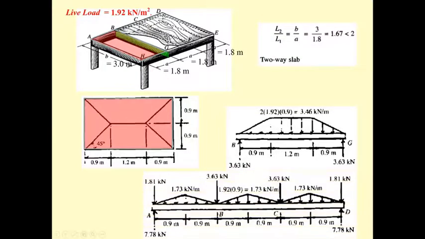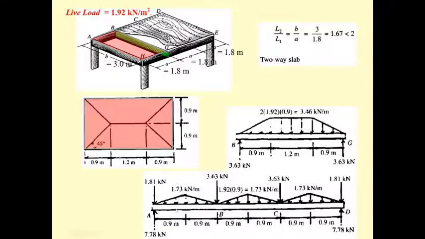So the model of the beam ABCD is going to be like this. This is half of 3.63 at A and also at D, and 3.63 at B and C. The triangular load has a distance of 0.9, so the magnitude of this triangular load is 1.92 times 0.9, which is 1.73, and all of them are equal.